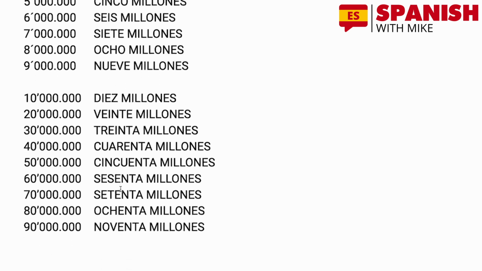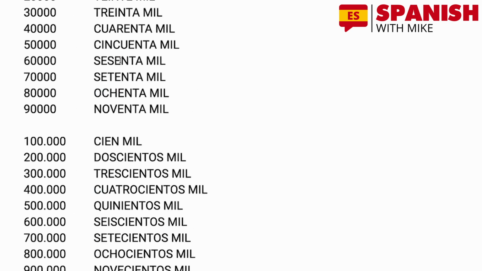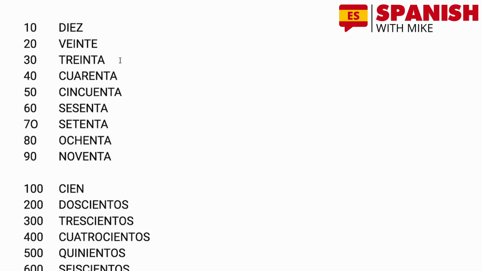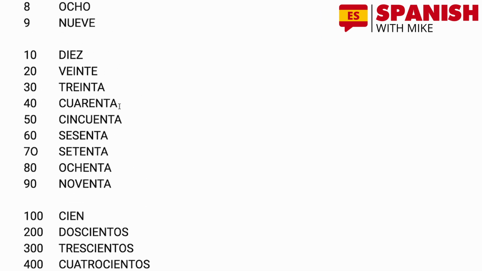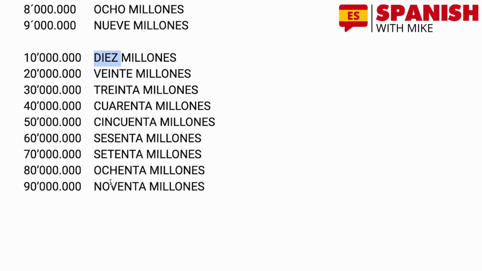And then we move to the tens, and it's exactly the same. We use the tens, the words that we used before for the tens, 10, 20, 30, 40, 50, 60, 70, 80, 90, exactly the same, plus the word millones for million.